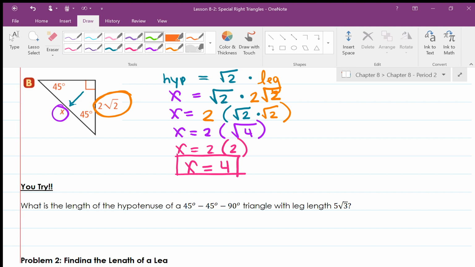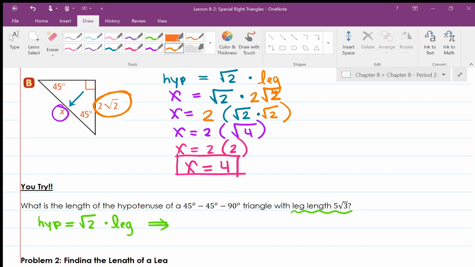Okay, so what is the length of the hypotenuse of a 45, 45, 90 triangle with a leg length of 5 radical 3? So you're looking for the hypotenuse here. And we know the hypotenuse of a 45, 45, 90 triangle is the square root of 2 times one of the legs, which we have here.